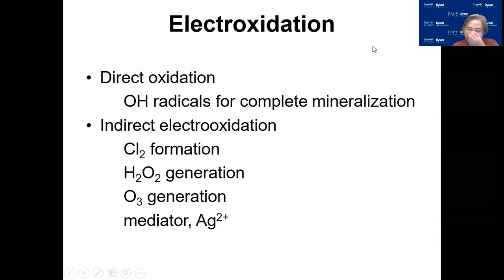Now, during the electro-oxidation treatment process, there are two types of oxidation that are possible. In one way, the toxic and non-biocompatible pollutants are converted into biodegradable organics that are further treated biologically.